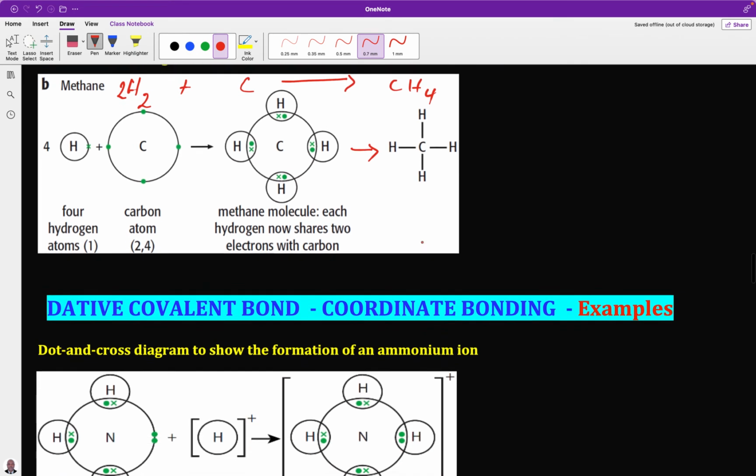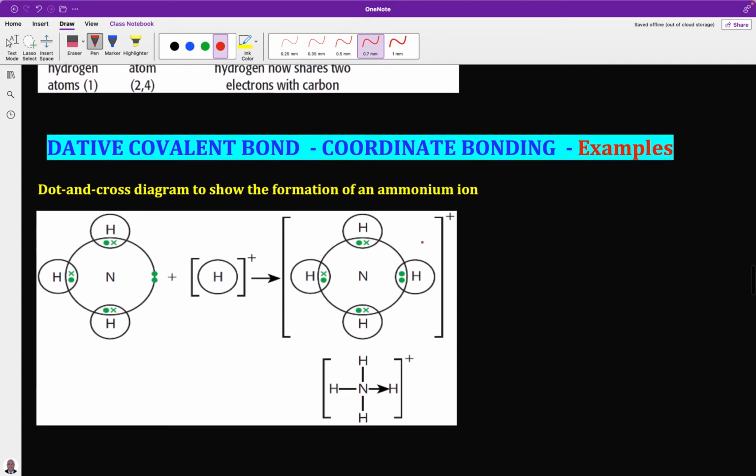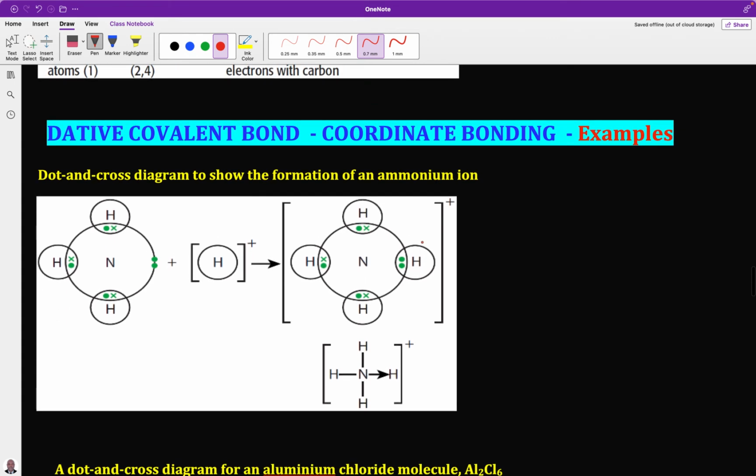Now there is another type of covalent bond, which we call a dative covalent bond, or coordinate bonding. Dative covalent bonds are bonds where only one of the atoms provides the electrons for the pairing.